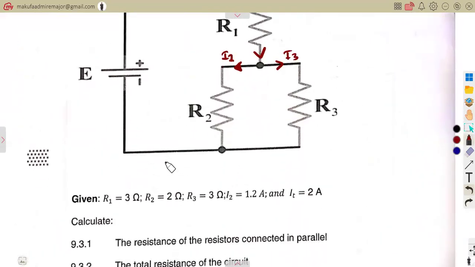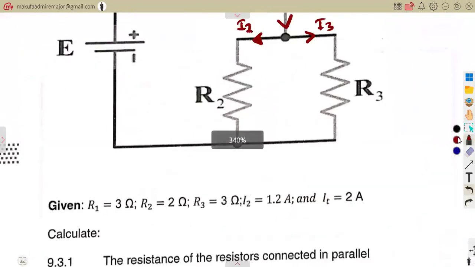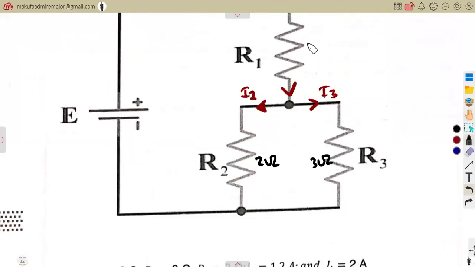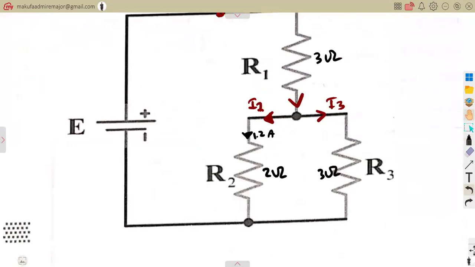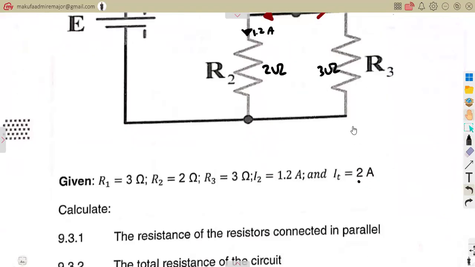All right, they were given resistor R1 is 3 ohm, R2 is 2 ohm, R3 is 3 ohm. So R1, remember, is 3 ohms. This is what you're given. And also the current I2, the current flowing through this resistor, is 1.2 amps, and the total current is 2 amps.